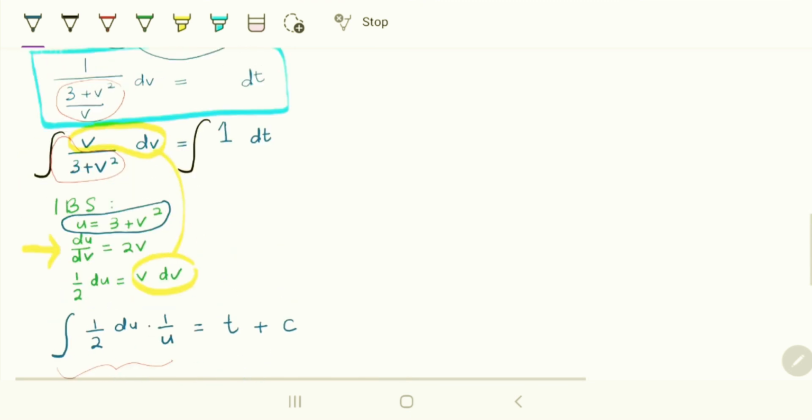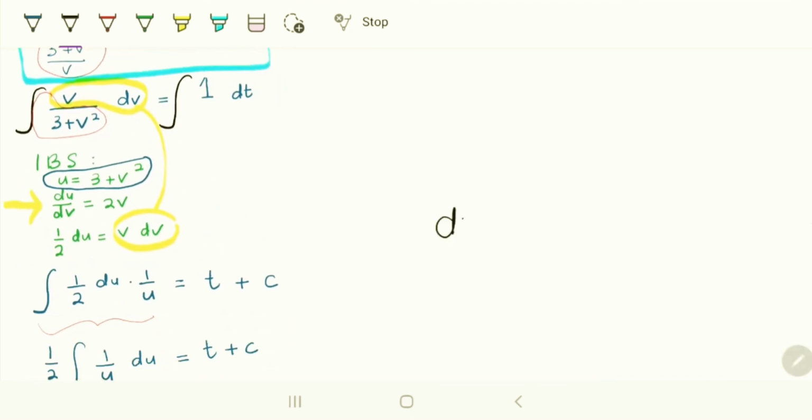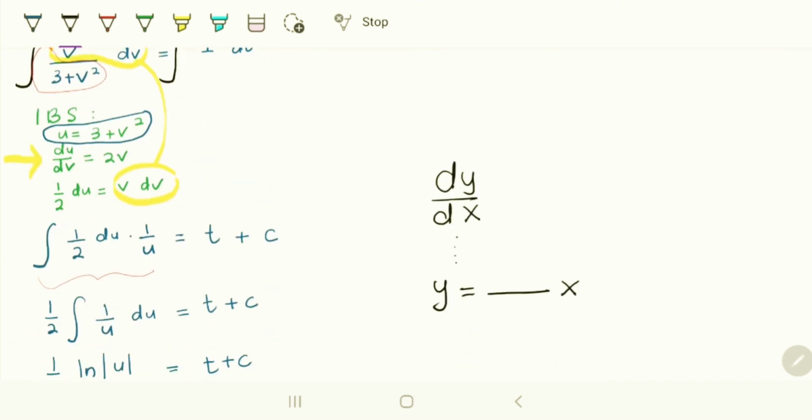I will repeat this again. In the previous example, we have dy/dx. So when we solve, we get y in terms of x. In this question, we have dv/dt. So when we solve, we must get v in terms of t.